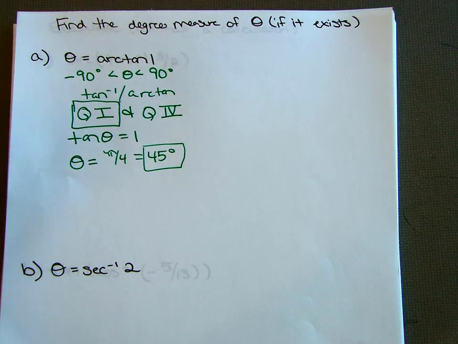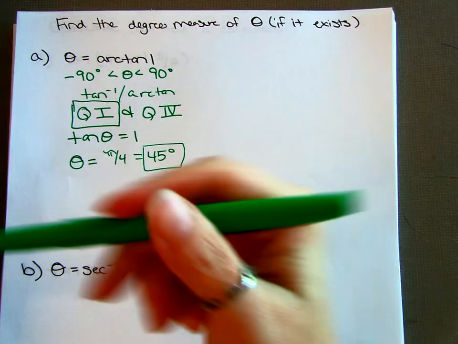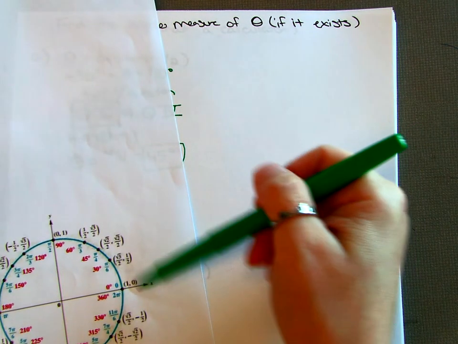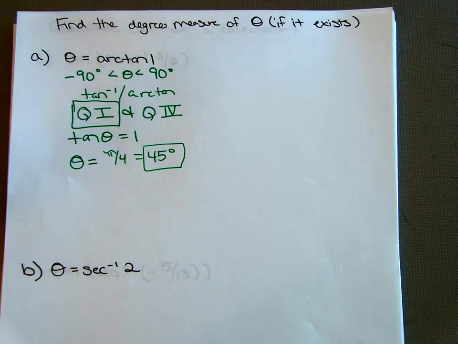The way that we know that is because for tangent, we have to look at the different values of our x's and our y's to compute that out. Think back all the way to the beginning where we talked about tangent in terms of x's and y's, or tangent in terms of sine and cosine, because that will help you then to compute that.